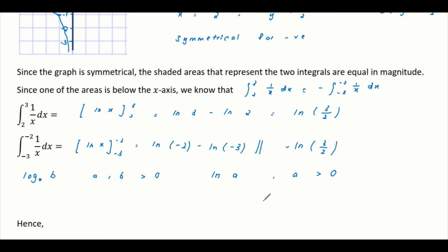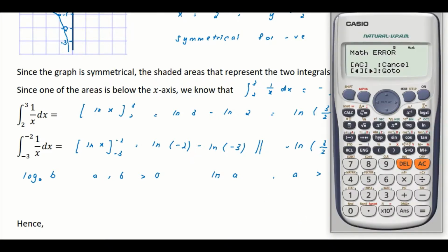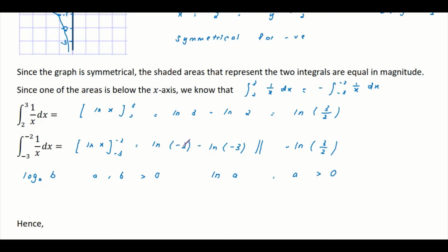Let's try out. Just now we have natural log of 3 over 2, right? So instead of doing -2 and -3, let's try to write it in such a way: ln |-2| minus ln |-3|.